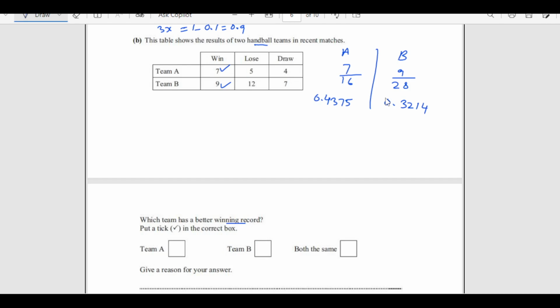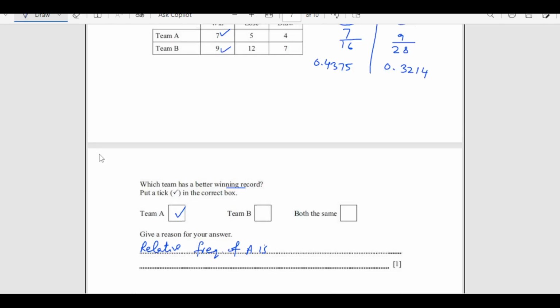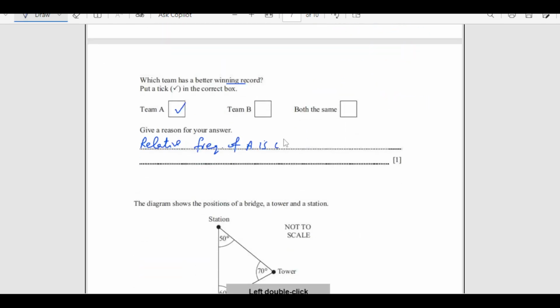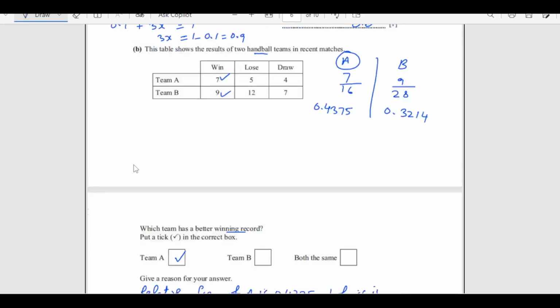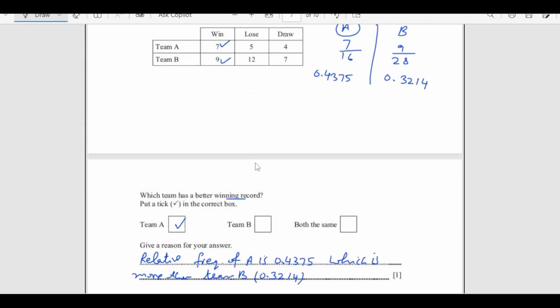So this one is smaller than A. So A is going to have more chances to win, and we will write down the reason: because the relative frequency of A is 0.4375, which is more than team B, that is 0.3214. Okay, so that's it for this question.